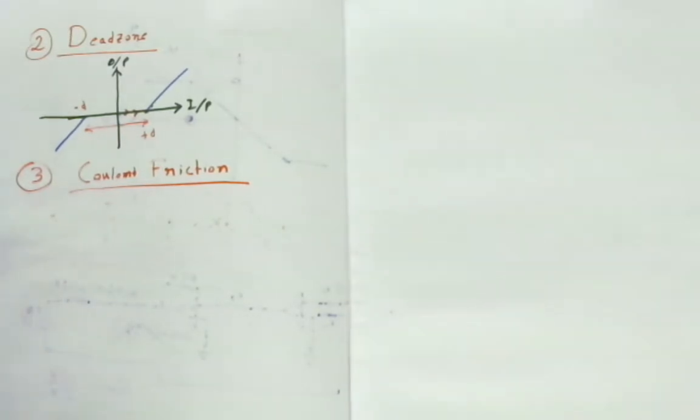If the force is linear, then it is called viscous friction. Friction has various components. Let me draw the diagram of viscous friction and Coulomb friction. What is the difference between the two?